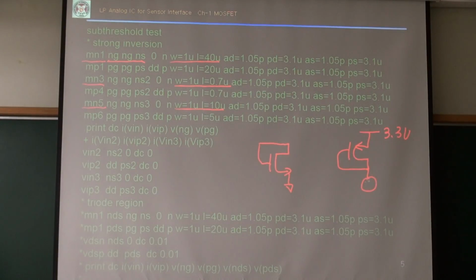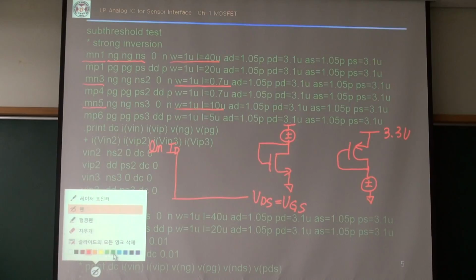And then I will sweep this drain-source voltage, okay? And then we'll plot current. I will plot something like ID versus VDS. Actually, this is the same as VGS, right? So if I plot a log plot, I will find my curve something like that.